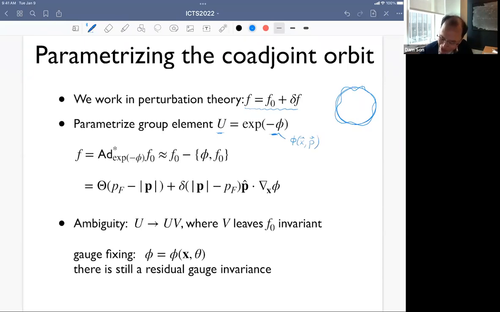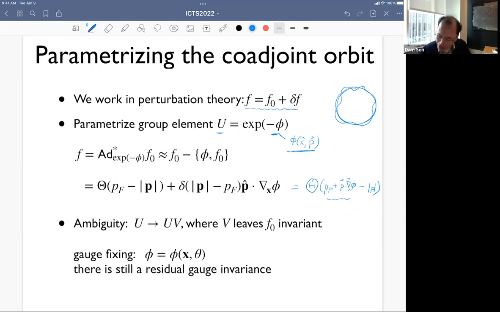If we follow the algebra, we will see that this state doesn't look like a step function, but actually is a step function of PF. Now PF has a correction, p dot gradient of phi, minus the absolute value of p. And so this is again a sharp Fermi surface, but the position of the Fermi surface has x dependence given by this function phi.